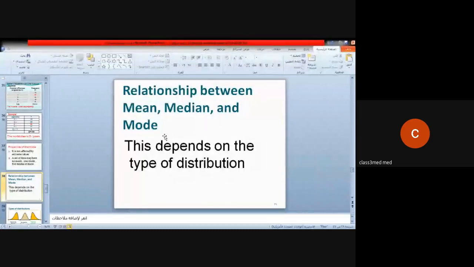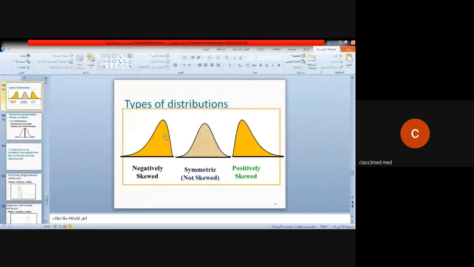You will have a lecture about the types of distribution, but just briefly, distributions are usually divided into 3 types: symmetrical, or normal distribution, for which we will have a special lecture; positively skewed, in which there are extreme values on the higher side, skewed to the right; or negatively skewed, in which there are extreme values on the lower side, also called left skewed distribution.